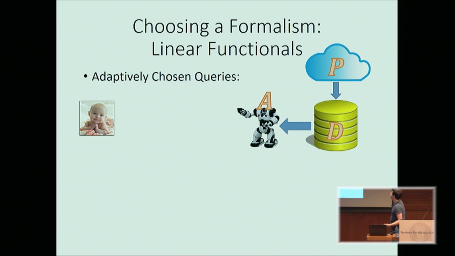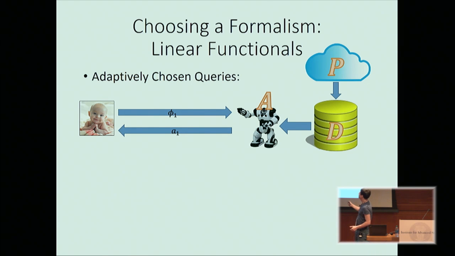So here's the picture. We've got our distribution, the data set was drawn from it, and we've got our data analyst. Now, the data analyst is not going to be interacting directly with this distribution, but rather through a statistical estimator, which is an algorithm that we get to design. The statistical estimator has access only to the data set. The analyst is going to be asking adaptively chosen queries, by which I mean the following.